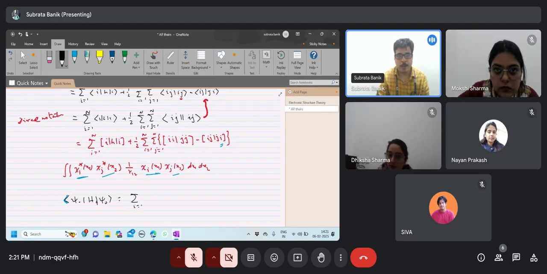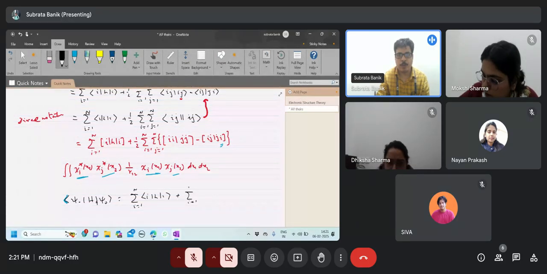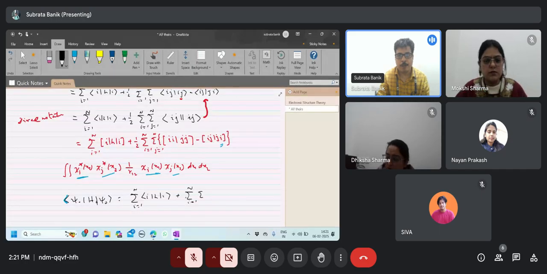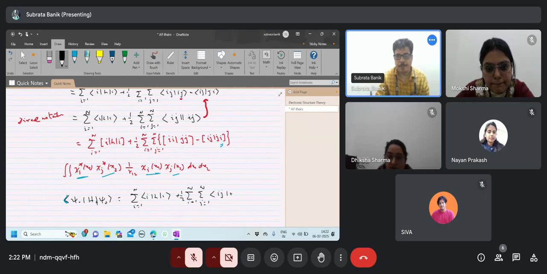I have the sum over i equal to 1 to n of ⟨i|h|i⟩ plus, there will be a half here, the sum over i and j equal to 1 to n of ⟨ij|ij⟩ minus ⟨ij|ji⟩, right?